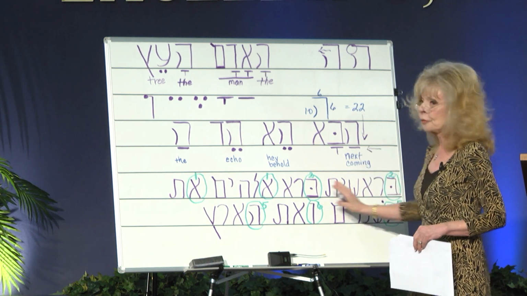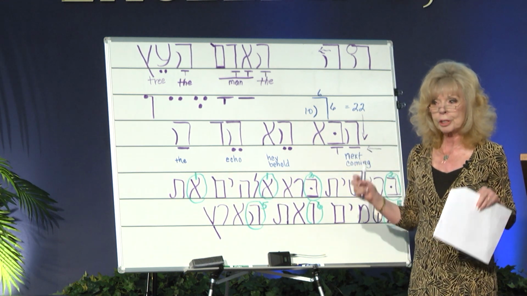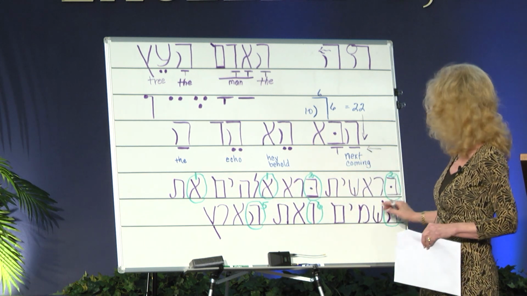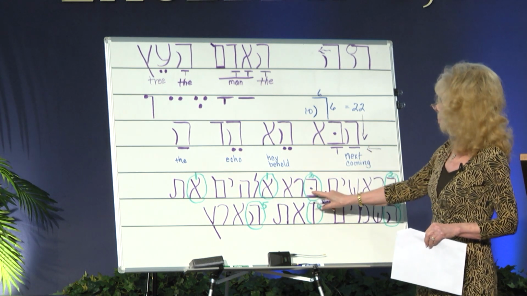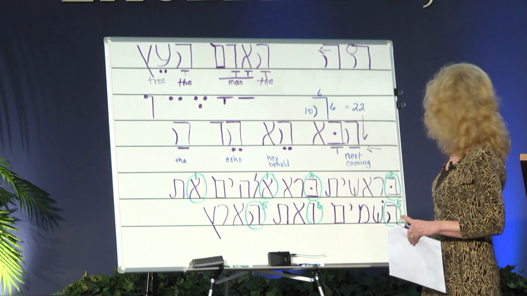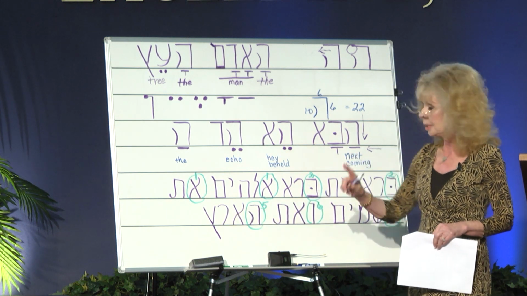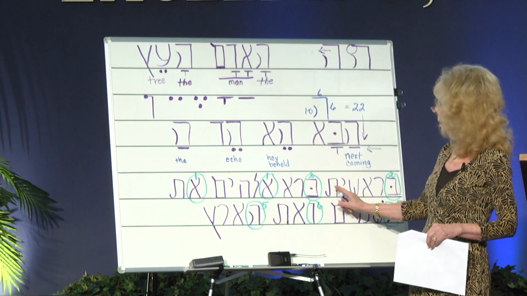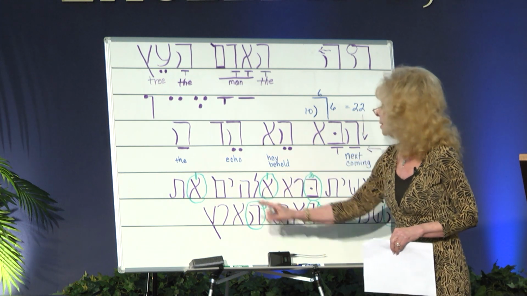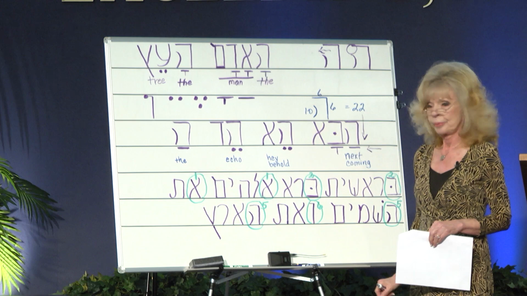Now, if you take the first 7 words in the Bible, which are the first 7 words of creation, I'm just going to read them in Hebrew and then I'm going to say them in English. So it's Bereshit, bara, Elohim et hashamayim ve'et haaretz. And that means in English, in the beginning, God created the heavens and the earth.